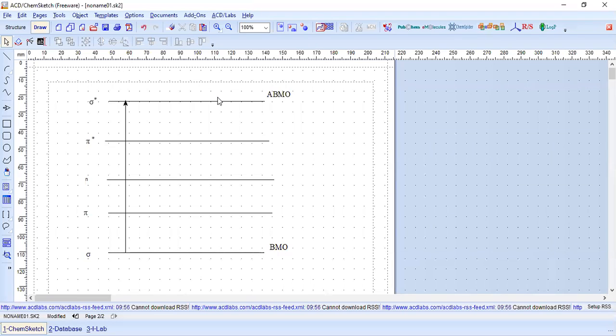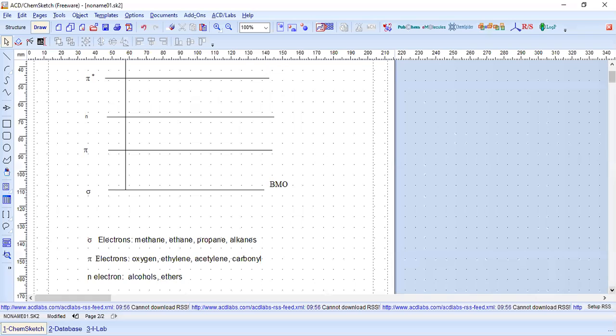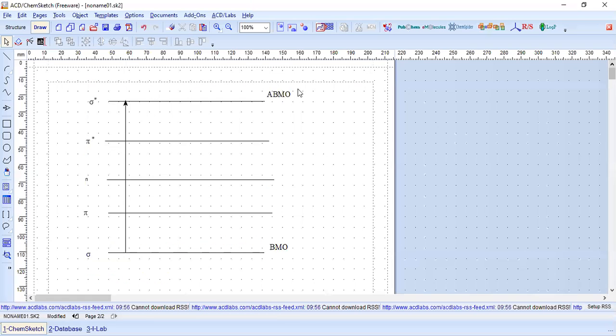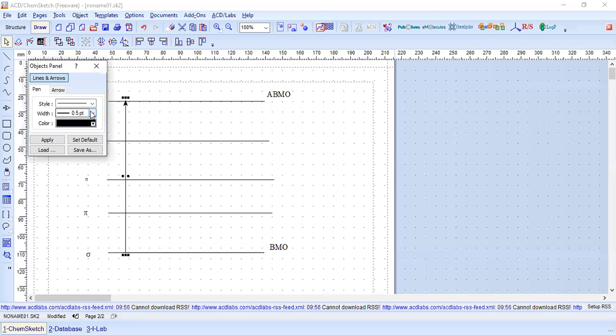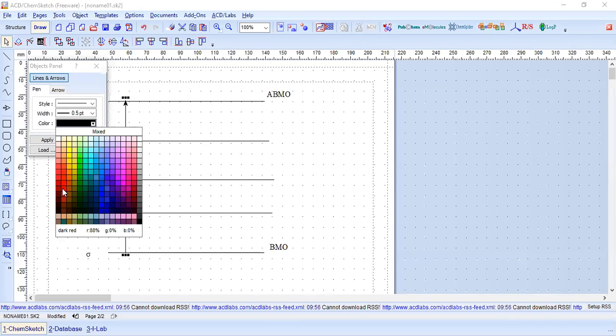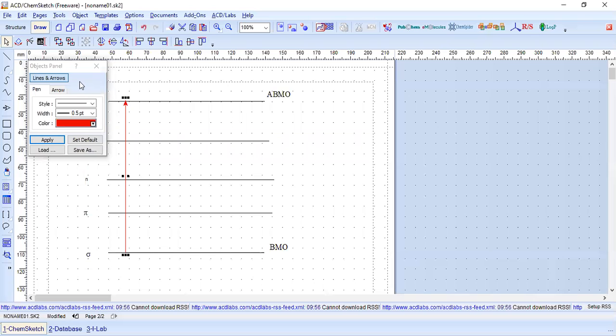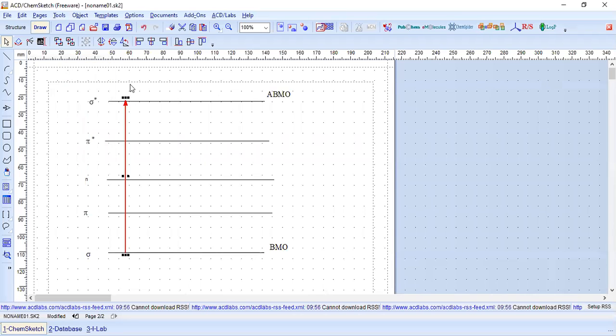Now, we are concentrating only on electronic transition, the sigma to sigma star transition. This is one transition, sigma to sigma star, so we can indicate it with a different color and a different thickness to understand. What is this? Sigma to sigma star.